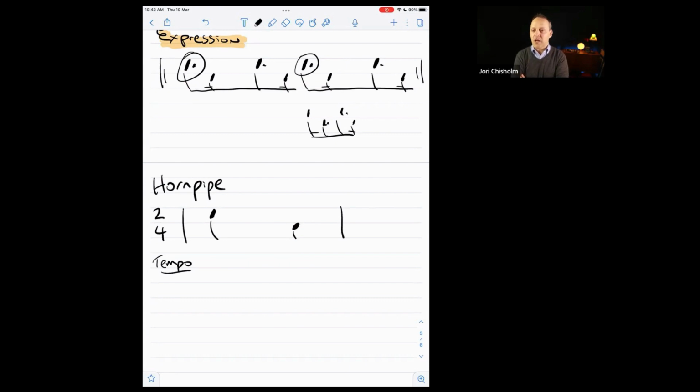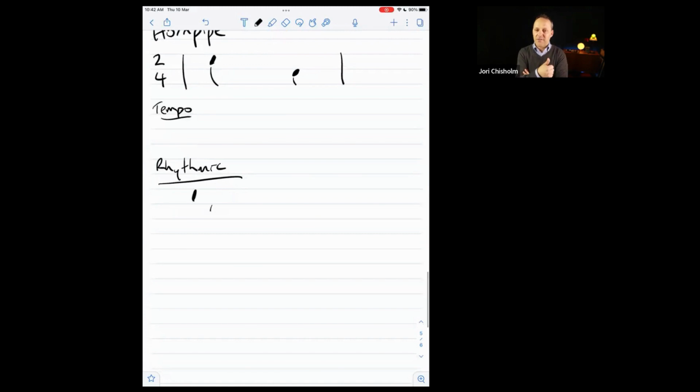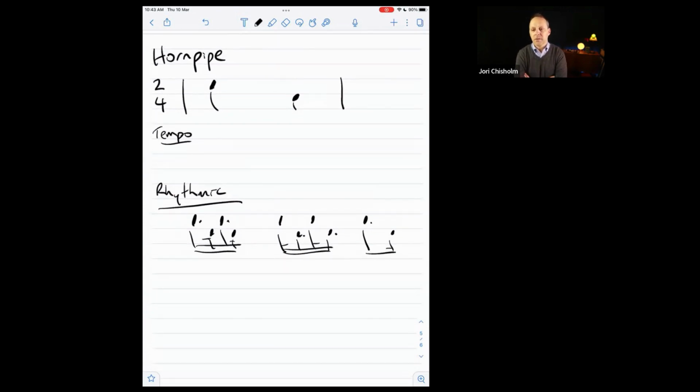If you look at the rhythmic construction of a hornpipe, it's very similar to a march, but the style of expression is slightly faster, not as heavy on the pulsing. It'll be just a little bit too heavy and slow and plodding if you took that hornpipe and played it in march style. Same kind of rhythmic patterns, lots of dot cut.